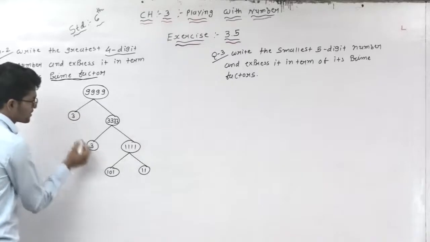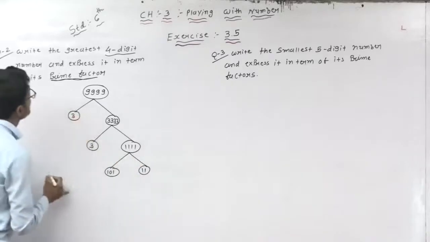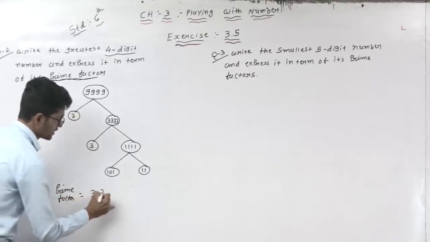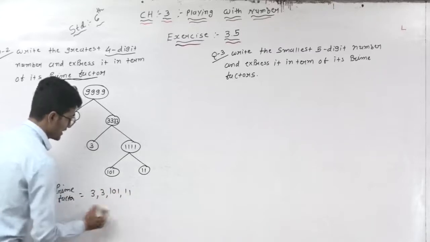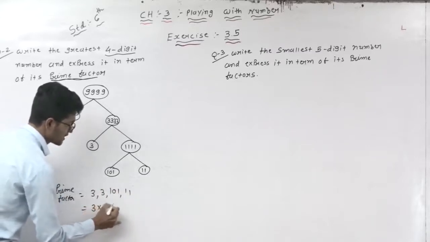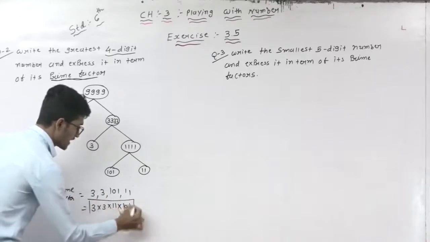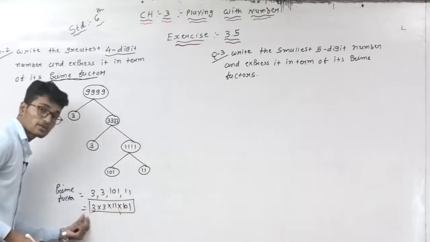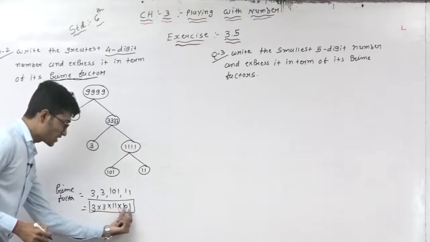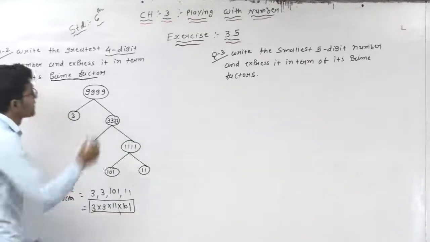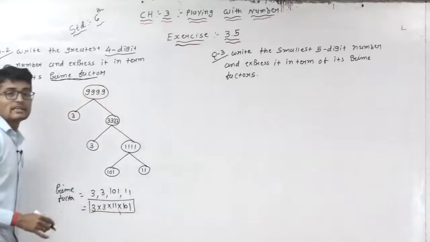So these are our prime factors. So the prime factorization of the 4-digit number is 3, 3, 11 and 101. It means 3 multiplied by 3 multiplied by 11 multiplied by 101. These are all prime factors. 3 is a prime factor, 11 is also a prime factor, and 101 is also a prime factor. So these are all the prime factors, and this is 9999.